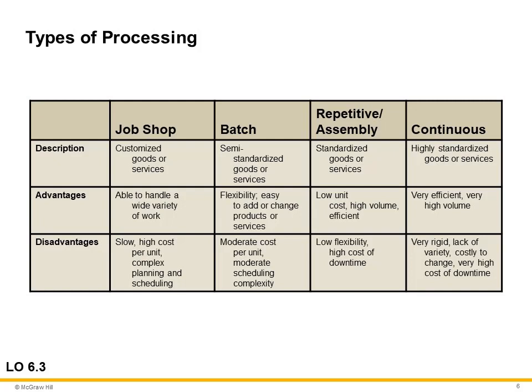Its advantage is you can handle a wide variety of work in that station. Its disadvantage is its total cost is pretty high compared to the other types of processing like assembly line.